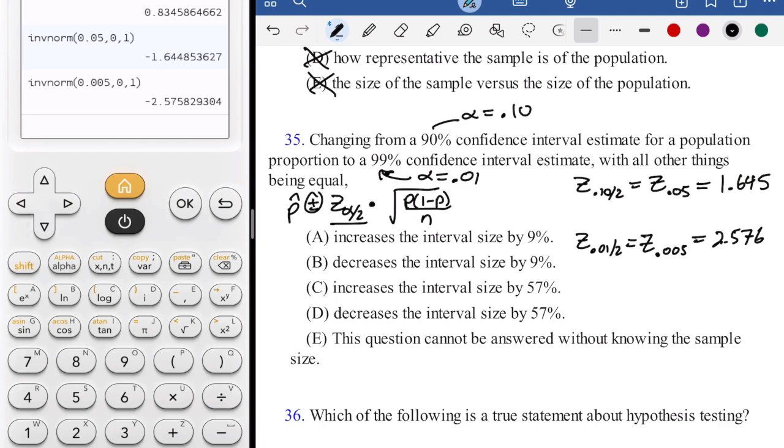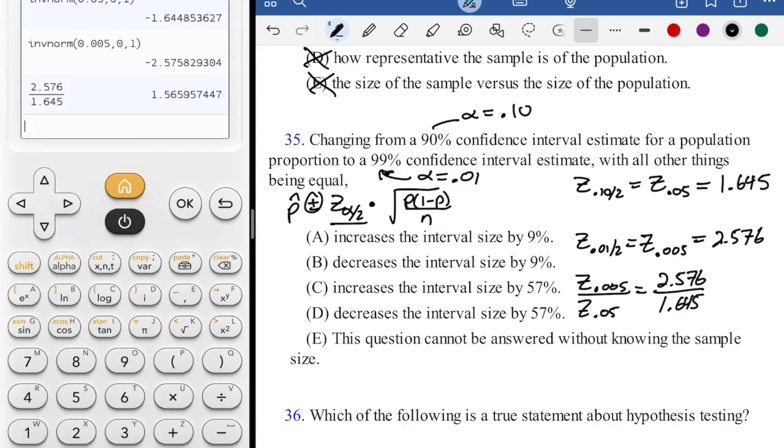All right. So if we need to figure out what the size relationship is going to be, it's going to be a proportional relationship. So what we can do is take our z sub 0.005 and divide it by, because we're going from 90 to 99, whatever we got for z sub 0.05. That's 2.576 divided by 1.645, which is about 1.57.